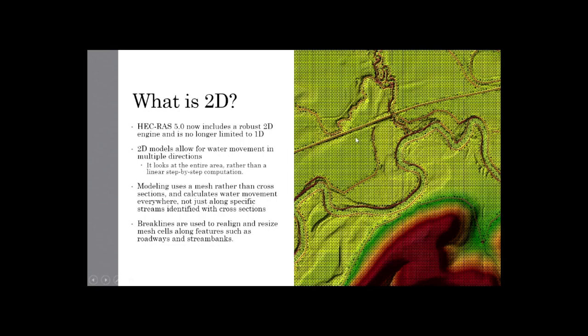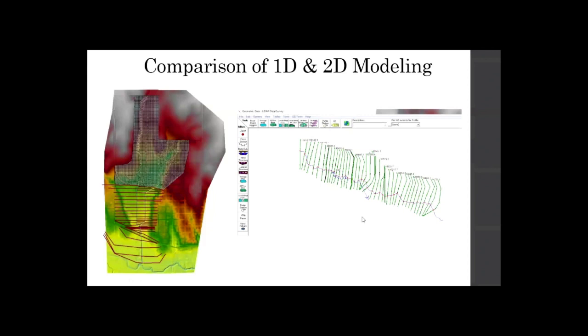As you can see here with the mesh, each one of these cells is basically like a mini cross-section. And it uses break lines to realign and resize mesh cells along features such as roadways and stream banks, such as here.